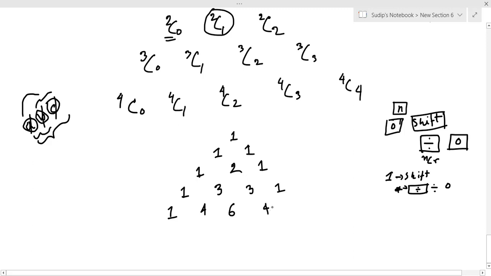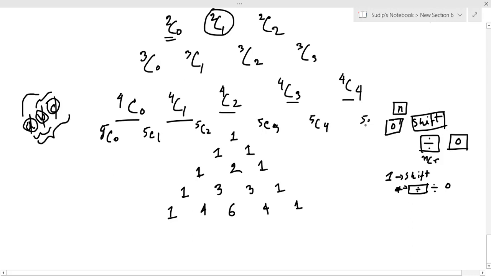If you have to take 4 balls from 4 balls, you have 1. And so using these 4C0, 4C1, 4C2, 4C3, 4C4, you can take 5C0, 5C1, 5C2, 5C3, 5C4 and 5C5.